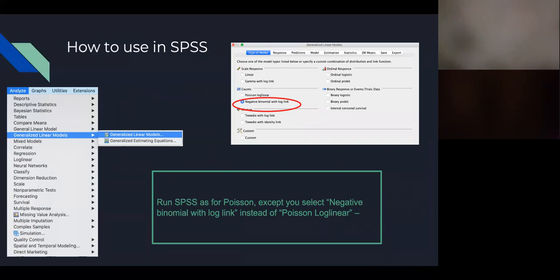Running negative binomial regression in SPSS is similar to Poisson, which was reviewed by Blair and Grayland. After entering the data, select Analyze and Generalized Linear Models. Instead of selecting Poisson, select negative binomial with log link.